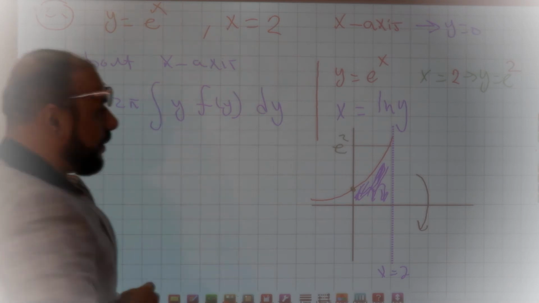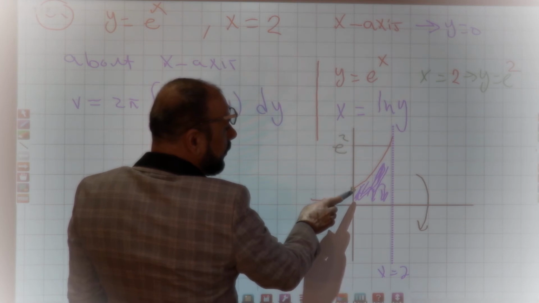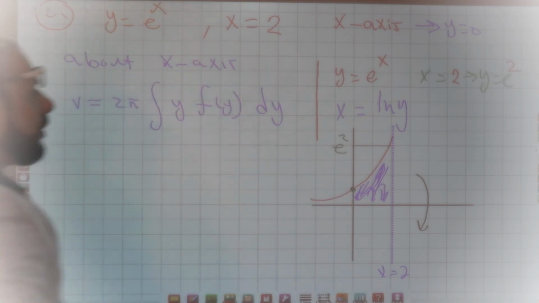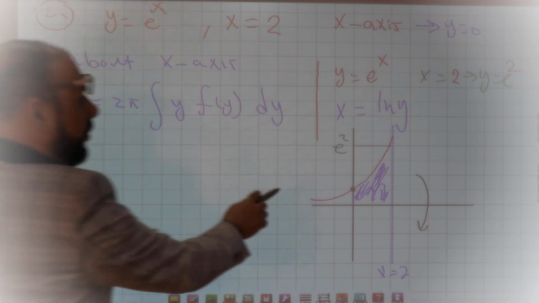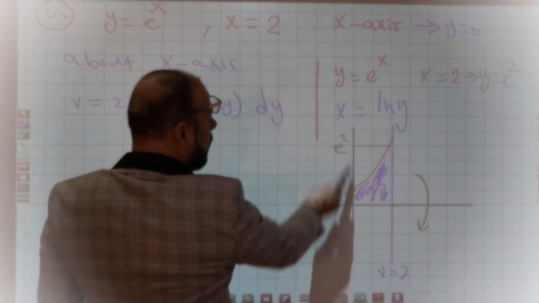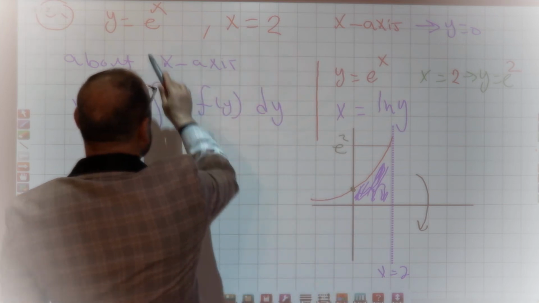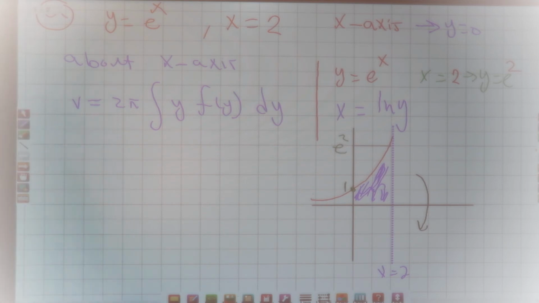How much is this guy here? If you put x equals 0, it's e to the 0, which is 1, right? When y equals e to the x. Then my limit is from 1 to e squared, right?